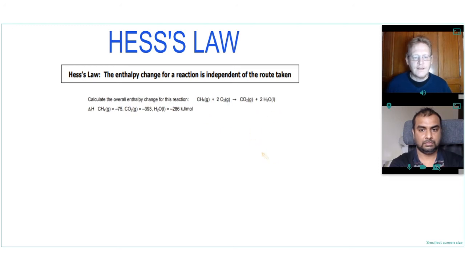So we've got: calculate the overall enthalpy change for this reaction, and we're given enthalpy of formation data for the compounds in this reaction.